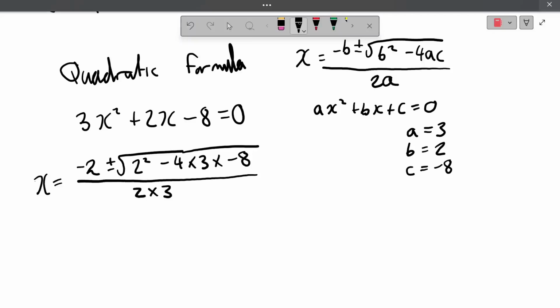We plug that in a calculator, and what we get is x equals 4/3 or minus 2. So that is our two answers, 1, 2, by use of the quadratic formula.